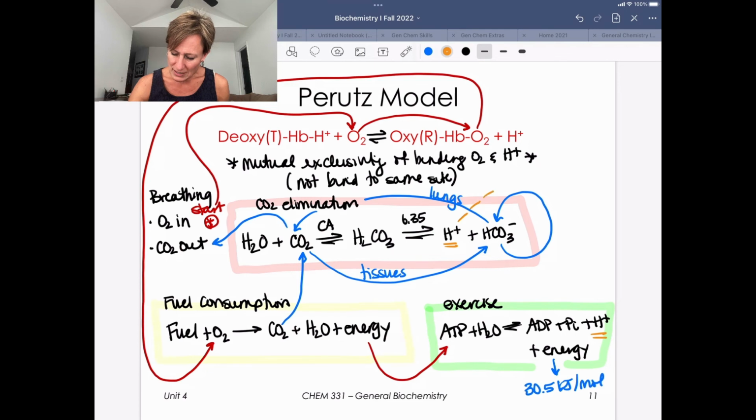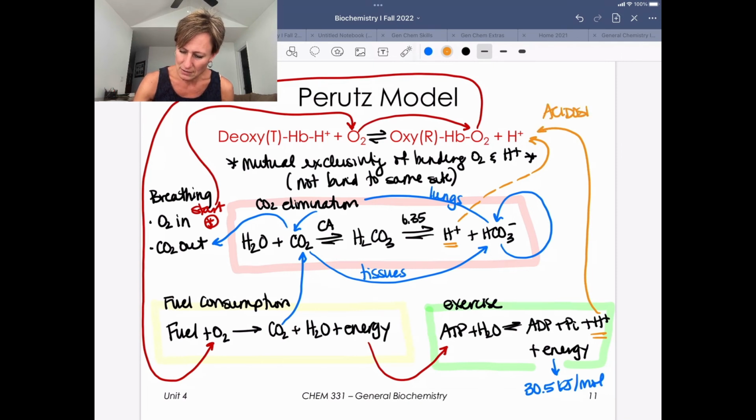So hopefully we can see if we are generating protons, if we are making a state of acidosis, that can have an impact on this Perutz model equation. If we increase the concentration of protons by decreasing pH, it's going to push this equilibrium to the left. It's going to push it to the deoxy T state. It's going to release more oxygen.